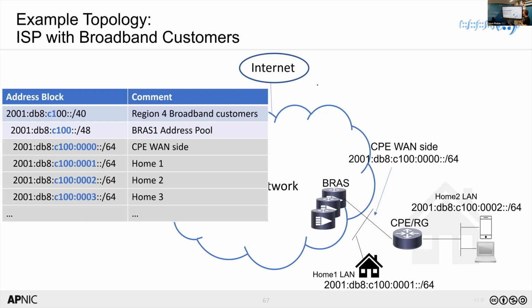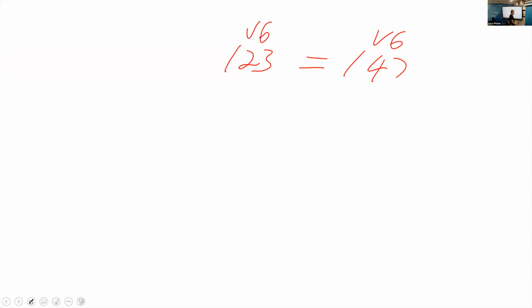Just to give you a little bit of background, within APNIC, let me just whiteboard this. Within APNIC, we have the way our billing works. A /23 dollar-wise is equivalent to about a /47 in V6. Depending on what region you get your addressing from, your fees are going to change accordingly.